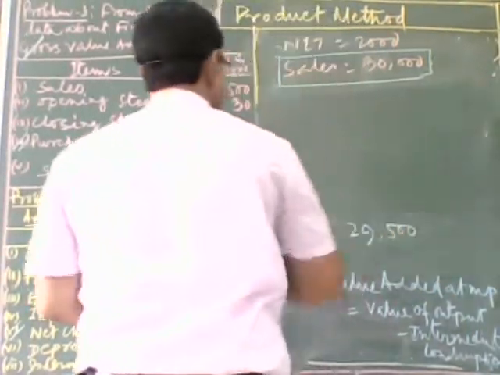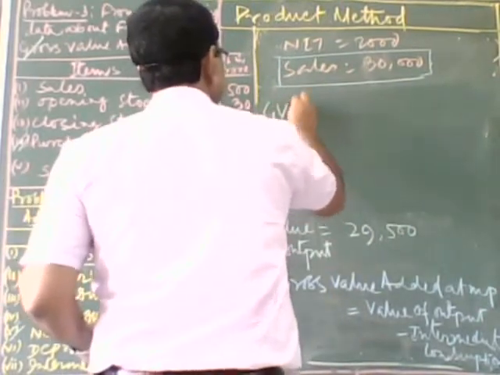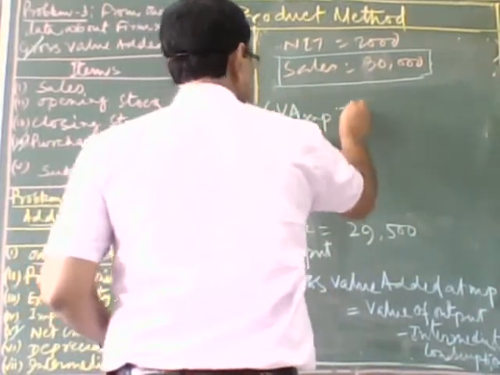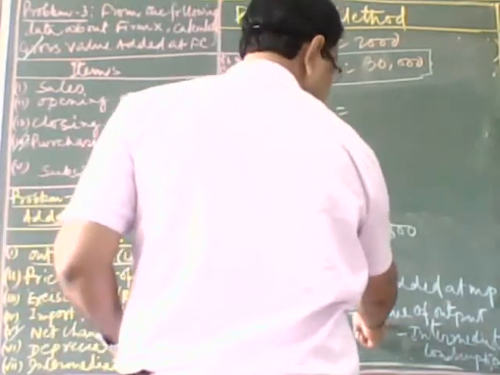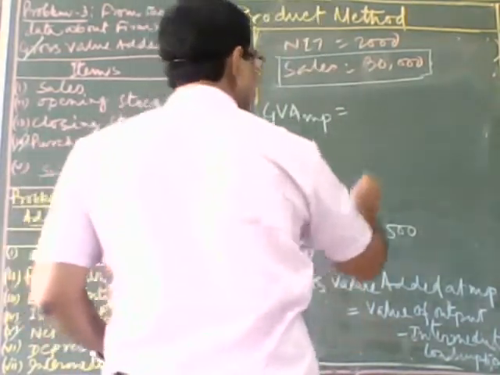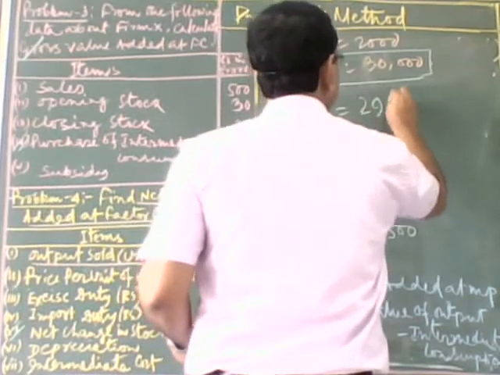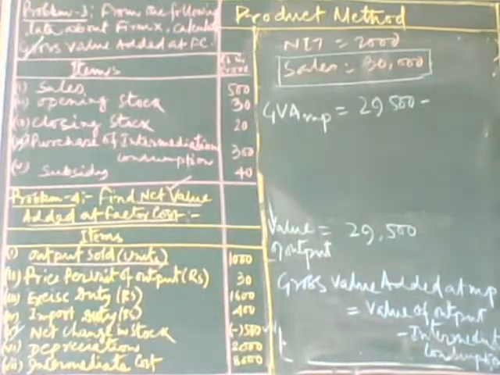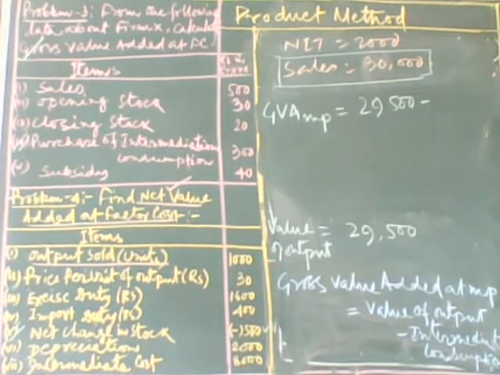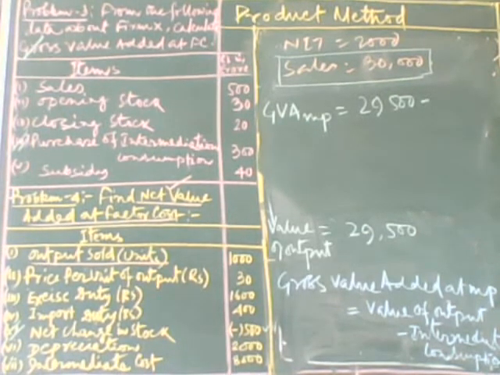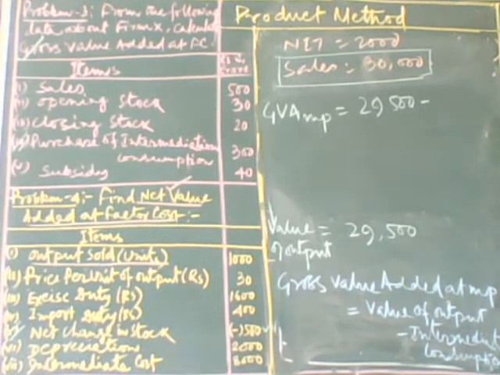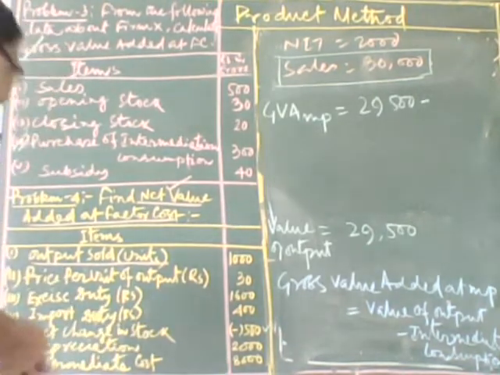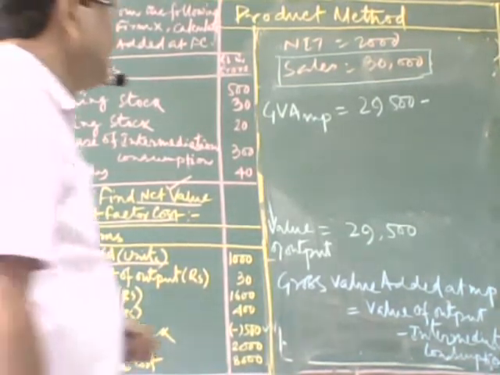Minus intermediate consumption, that value is 8,000.